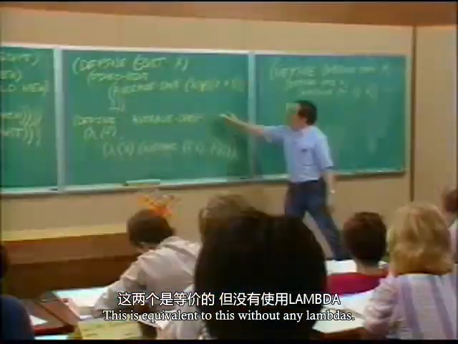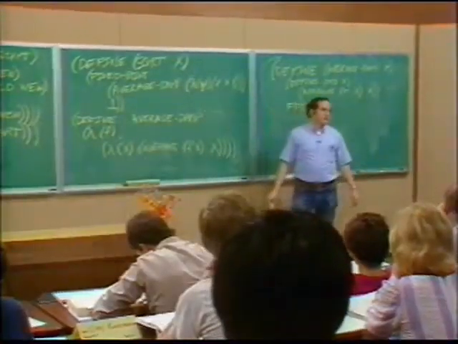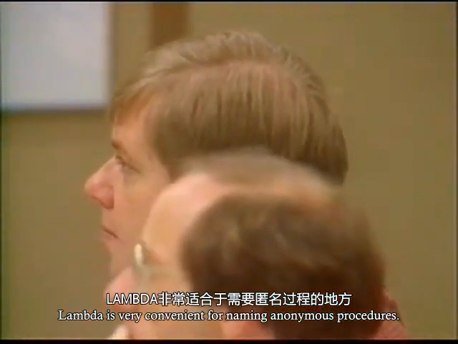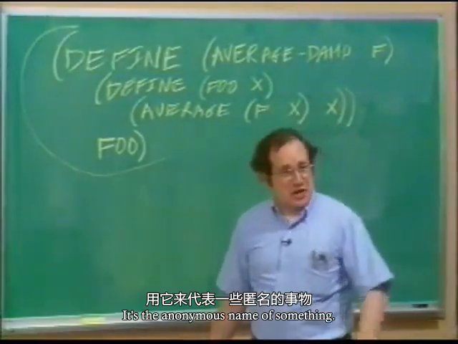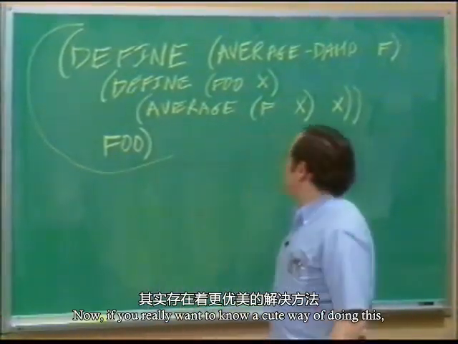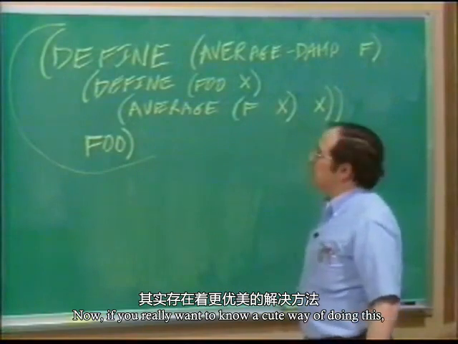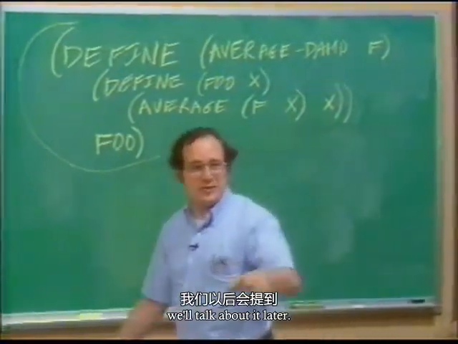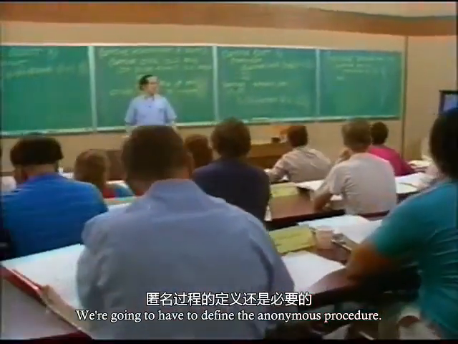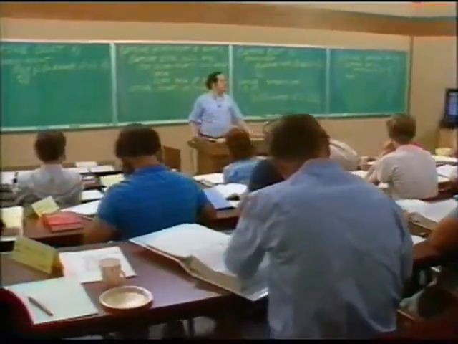This is equivalent to this without any lambdas. Lambdas are very convenient for naming anonymous procedures. It's the anonymous name of something. Now, if you really want to know a cute way of doing this, we'll talk about it later, where you don't have to define the anonymous procedure. Any other questions?